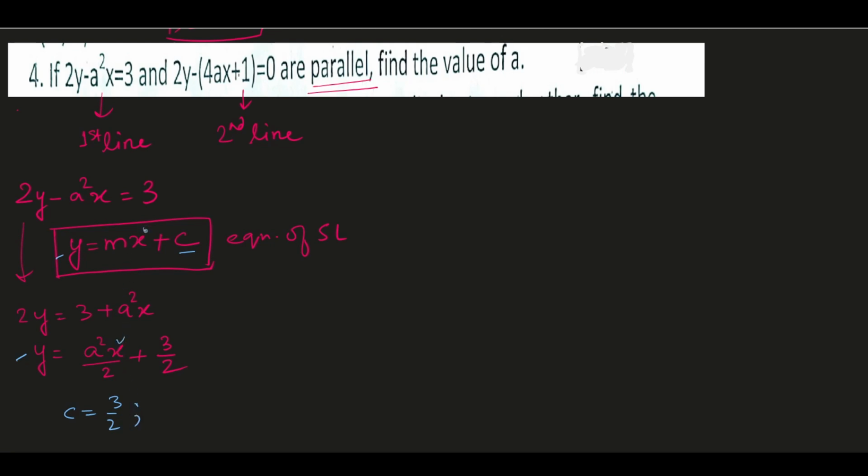This x is here and the remaining part, a square divided by 2, is m, a square by 2. It's better to write m1 because this is the slope of the first line. Similarly we will find m2 for the second line. The equation of the second line here is 2y minus 4ax plus 1 is equal to 0. So 2y is equal to 4ax plus 1.